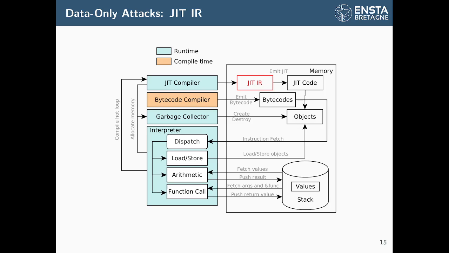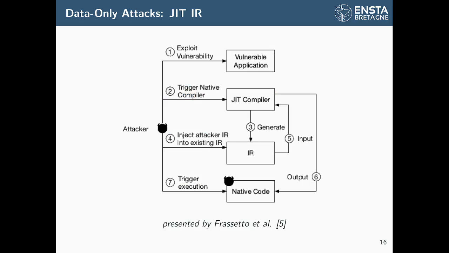So another idea is to directly attack the JIT IR. This was the case in 2017. The image is a bit dirty, but the idea is in step 4. That was an attack conducted against V8.